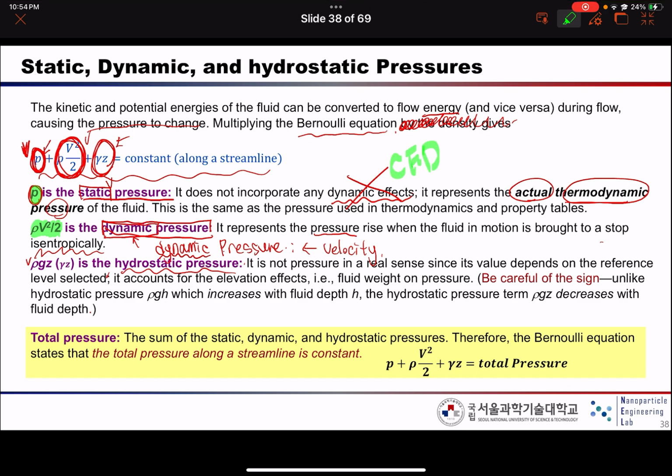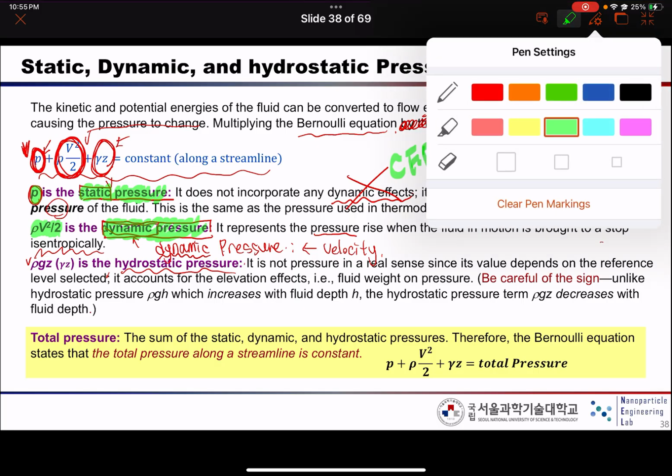In CFD, if you do not understand the static pressure and dynamic pressure concepts, you will fail to get the appropriate information from your numerical results. For example, most of the time we call the total pressure.